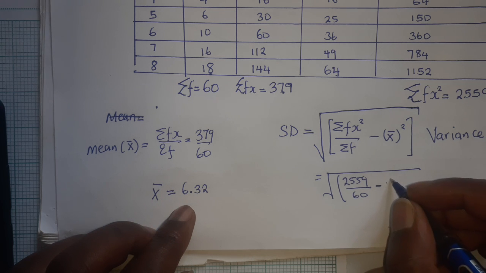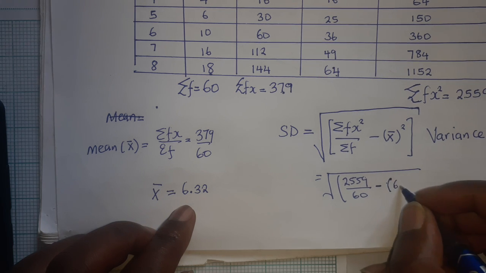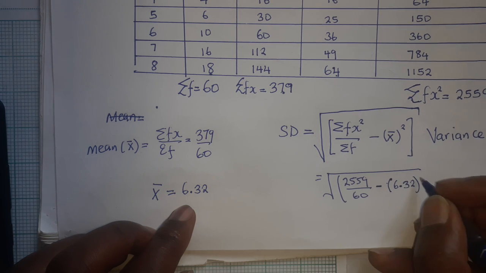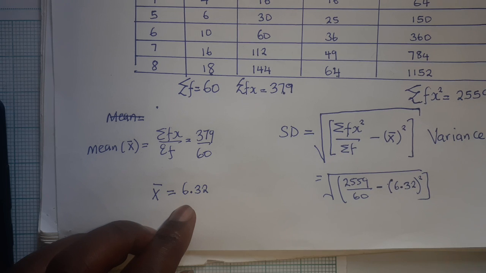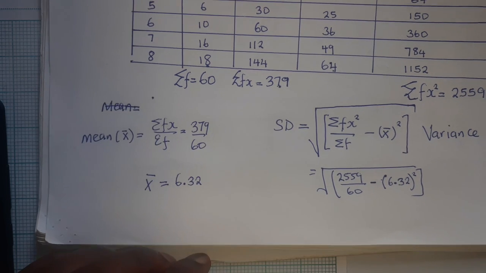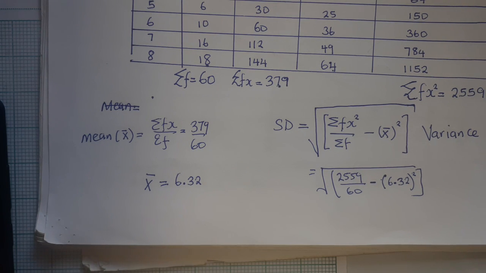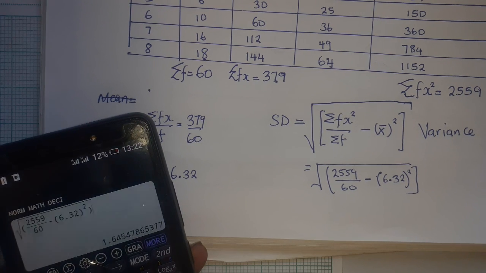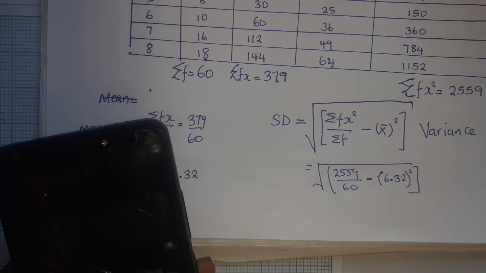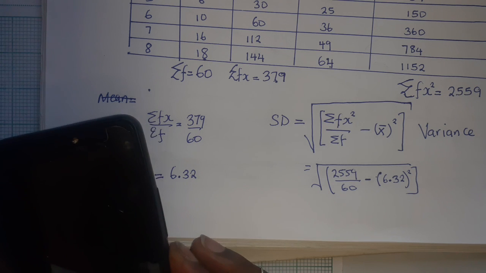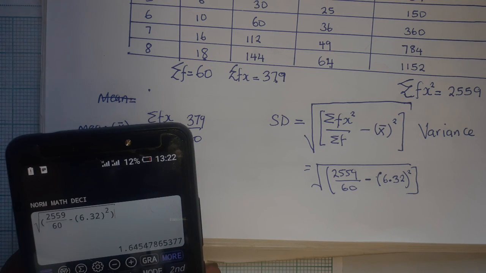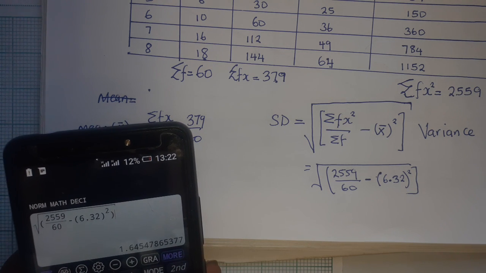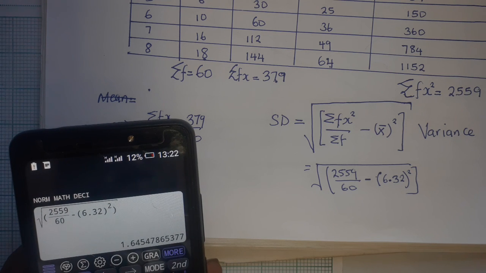We got 6.32 squared. This is what is going to give us standard deviation. You can see this is what I've gotten on my calculator.